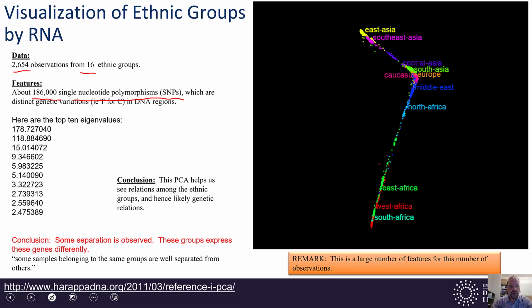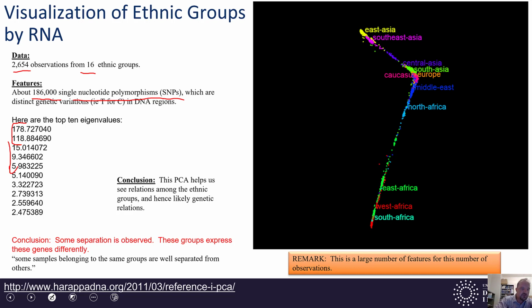Hard to imagine, hard to visualize, but using principal components, we can project that down onto the first two PCs. We can look at the eigenvalues for the first two PCs, and those are fairly high compared to the eigenvalues as you go down the list. So a lot of the information is captured in the first two principal components. The plot on the right-hand side shows this data projected onto those first two principal components.